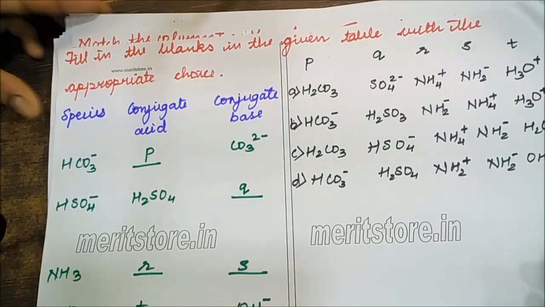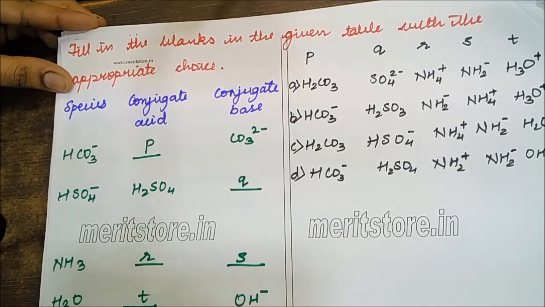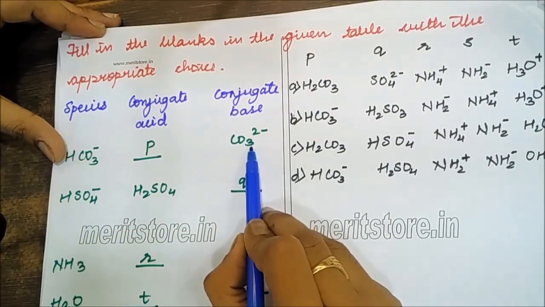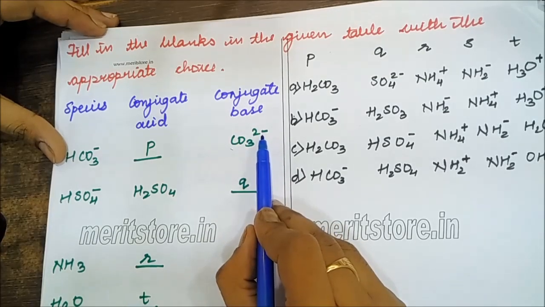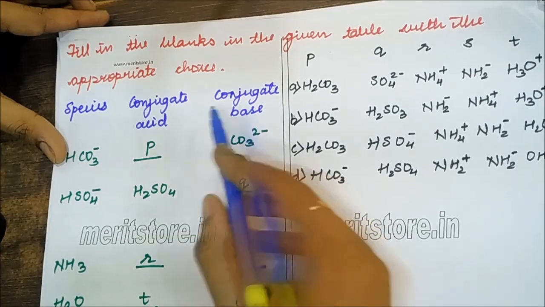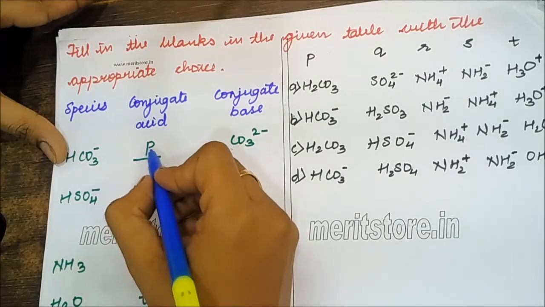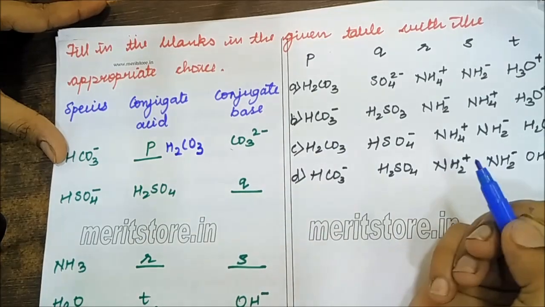Now let's see this question. It says, fill in the blanks in the given table with the appropriate choices. You are given a species and you are given a conjugate base. Now CO3 has a charge of 2 minus, so its conjugate acid would have 2 hydrogen protons, right? So my P value is H2CO3.